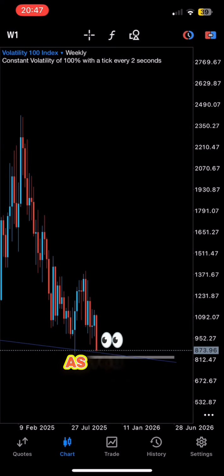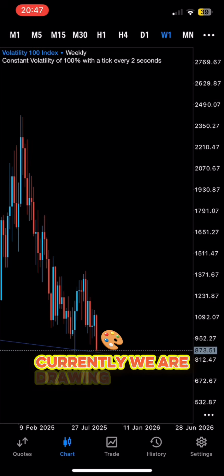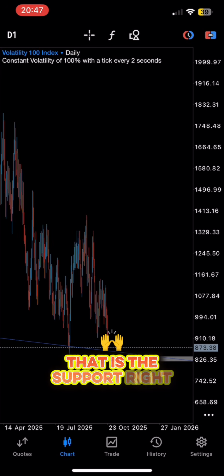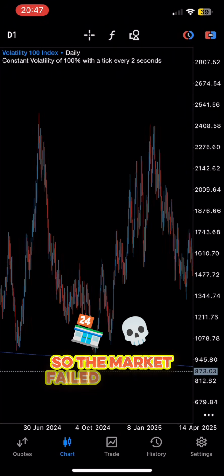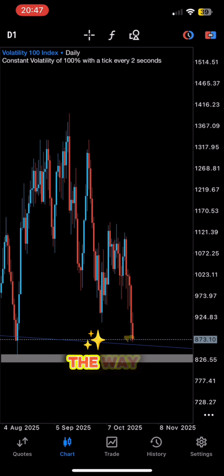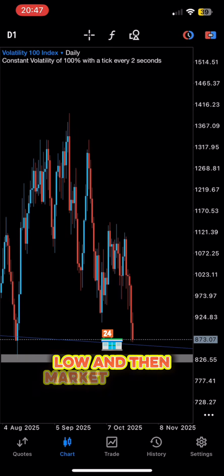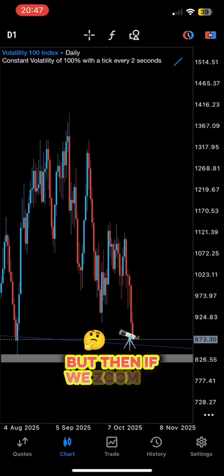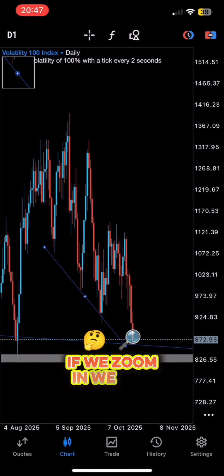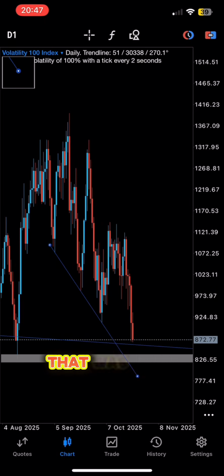Anyway, as you can see, currently we are drawing the lines of confluence, that is the support. The market failed to break to the downside at that support line, creating a lower low, and then the market went up. But if we zoom in, this is a daily time frame, and we can see that there was a channel being followed.